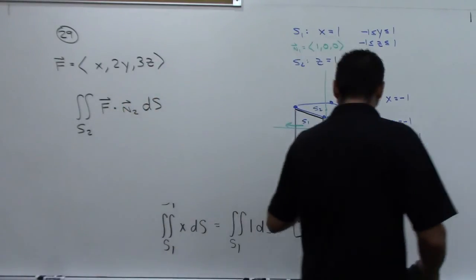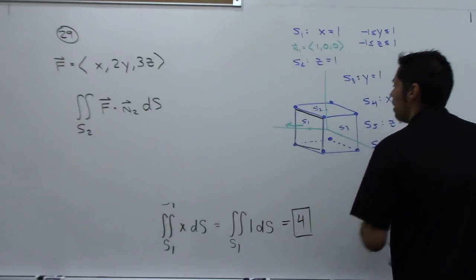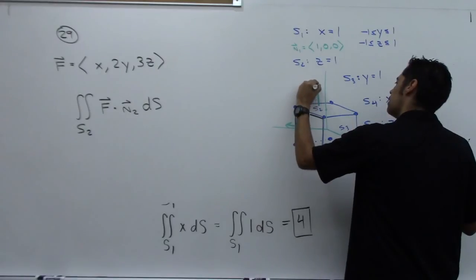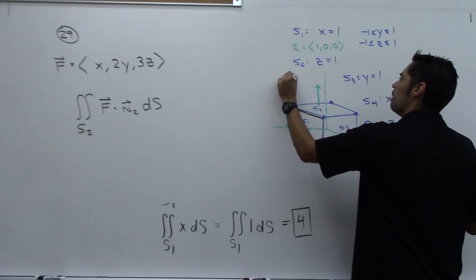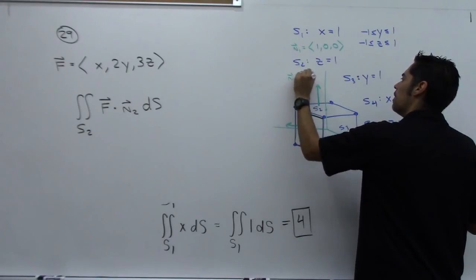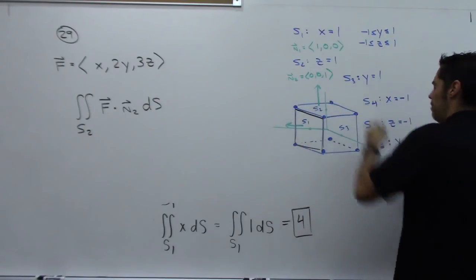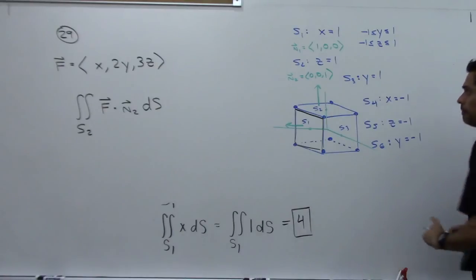Okay, what's the normal vector of S2? Let's see here. S2 is z equals 1. This one points straight up like this. So the normal of S2 is 0, 0, 1, right? Straight up. It's basically k hat.